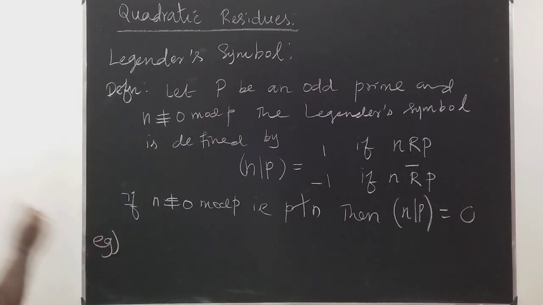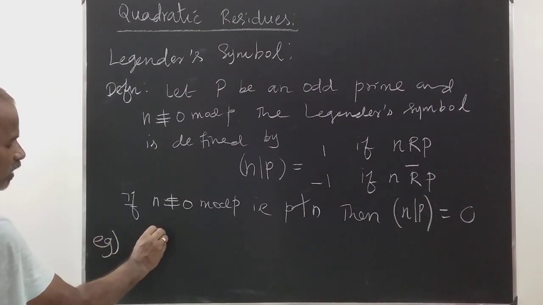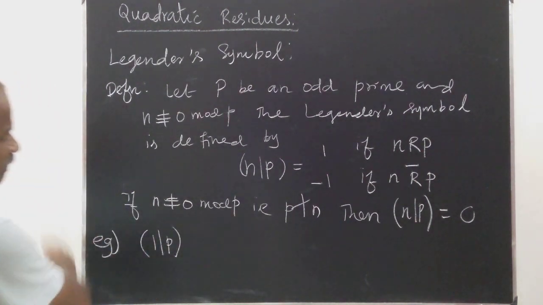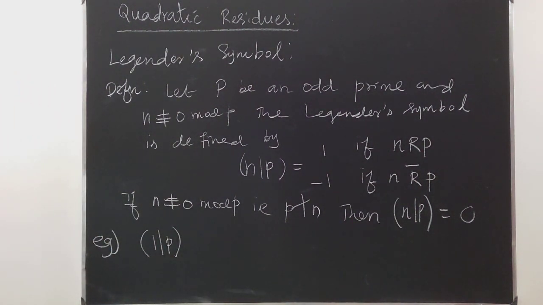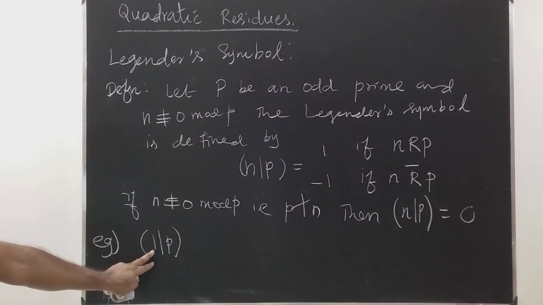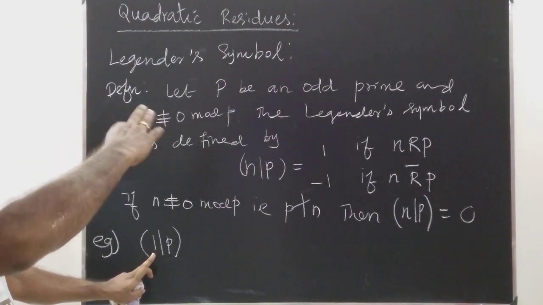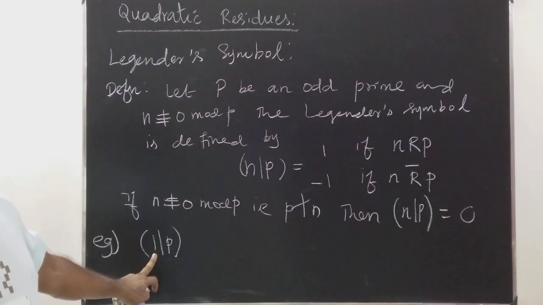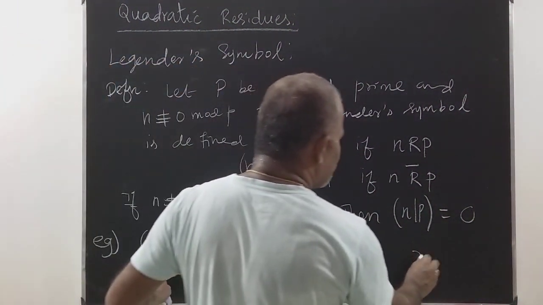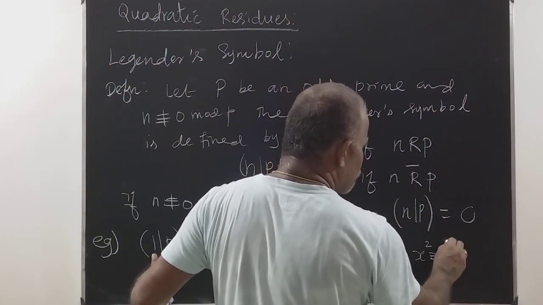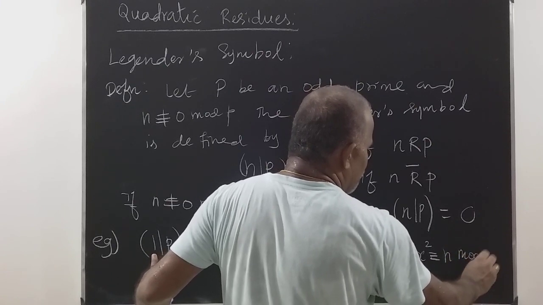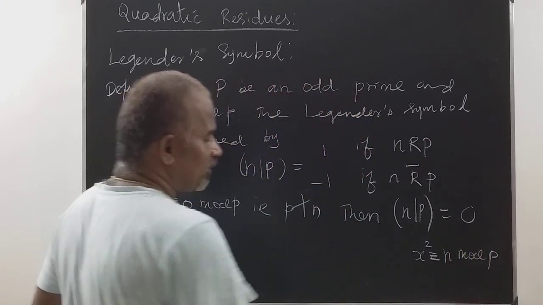Okay, so example. What is 1 over p? 1 is always a solution of the equation x square is congruent to n mod p, where p is an odd prime.